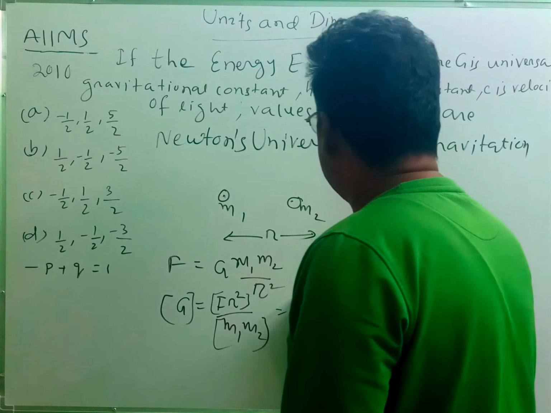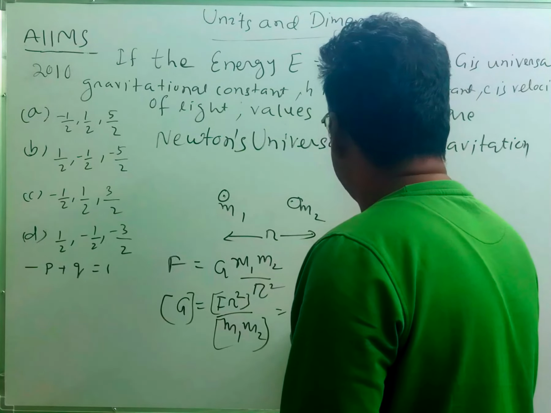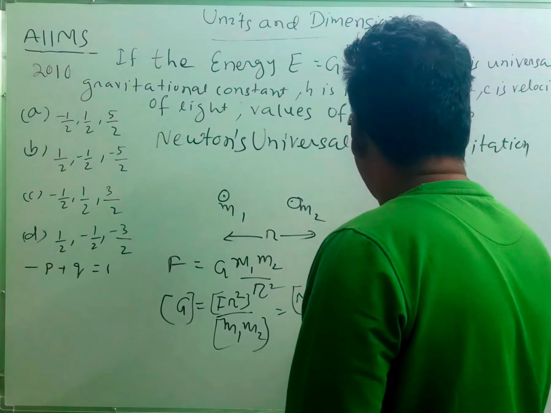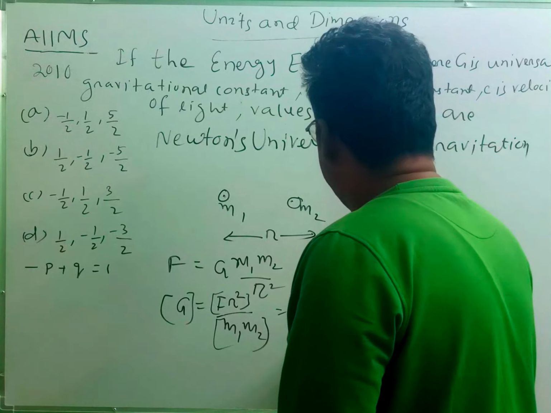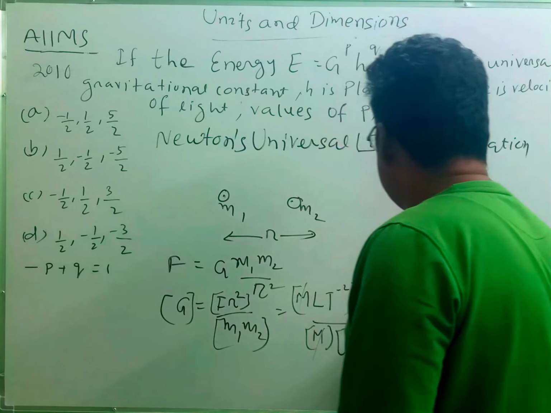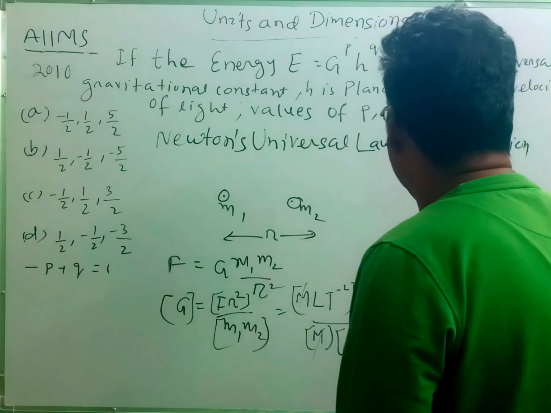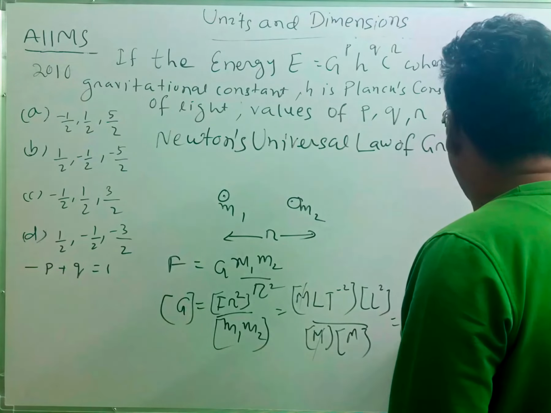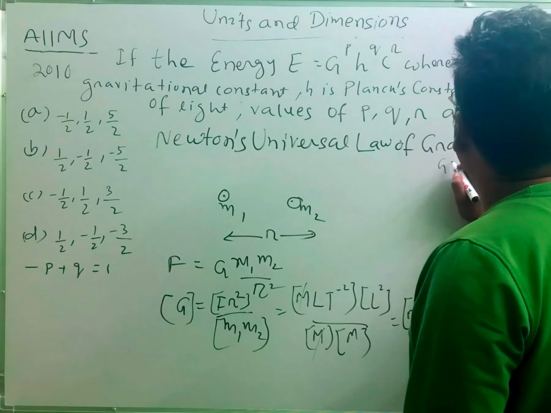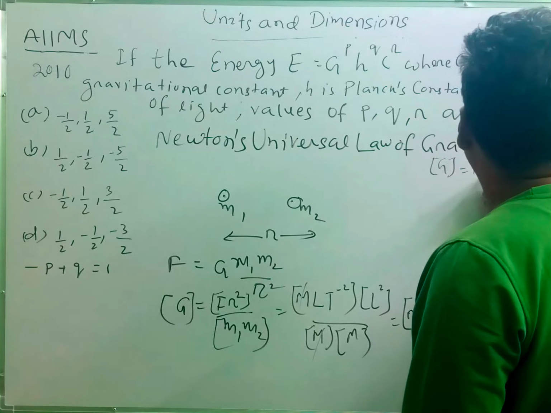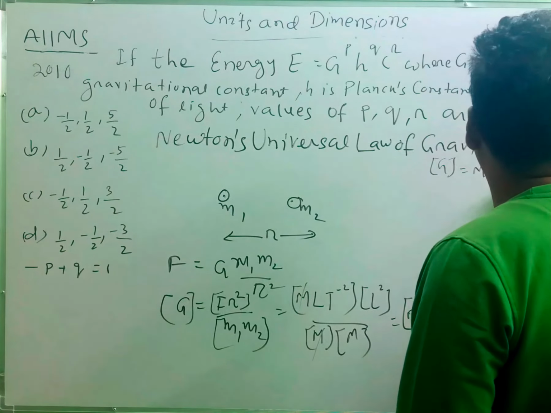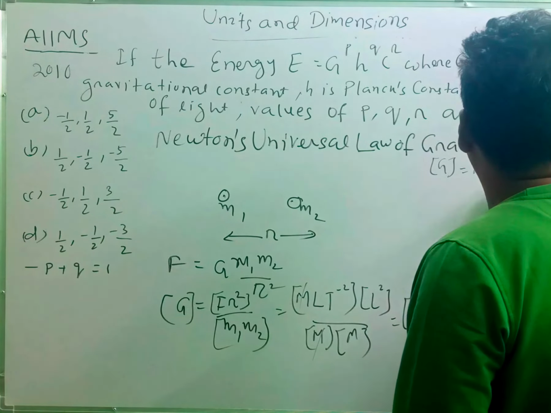And we know the dimensions of force, that is M L T to the power minus 2, and r square is L square, and m1 m2 means M into M. This M cancels out and this becomes M to the power minus 1, L cube, T to the power minus 2. Let us write it here. G is equal to M minus 1, L3, T minus 2.